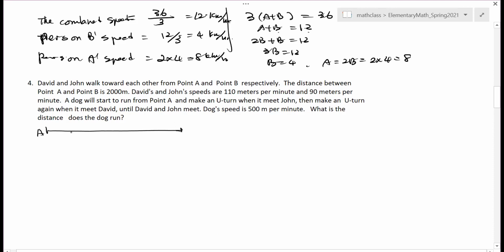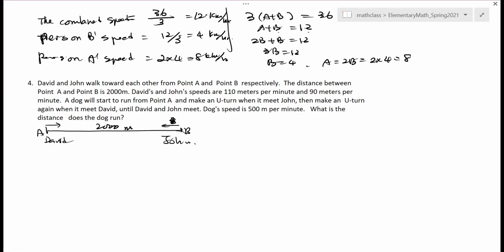This is point A, that's point B. This is David, and John. David and John's speeds are 110 meters per minute and 90 meters per minute.